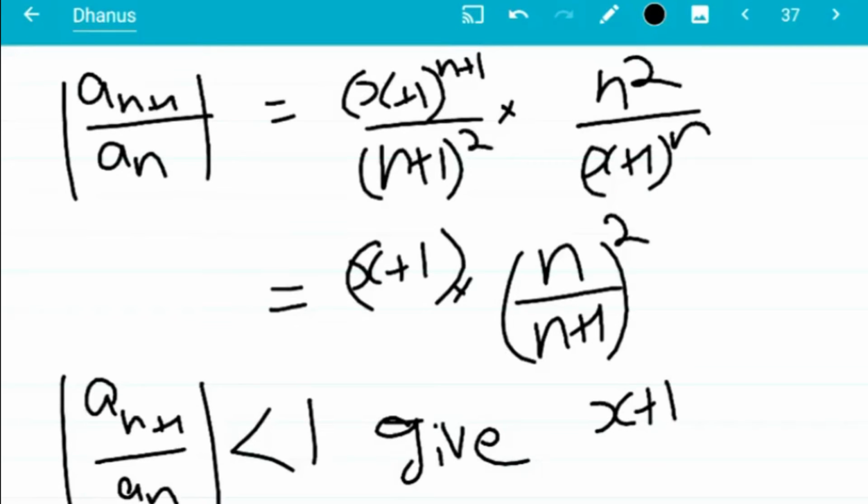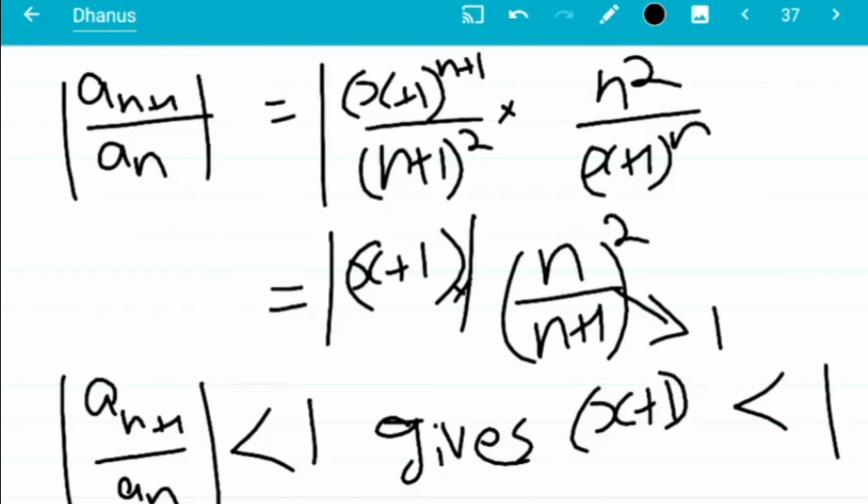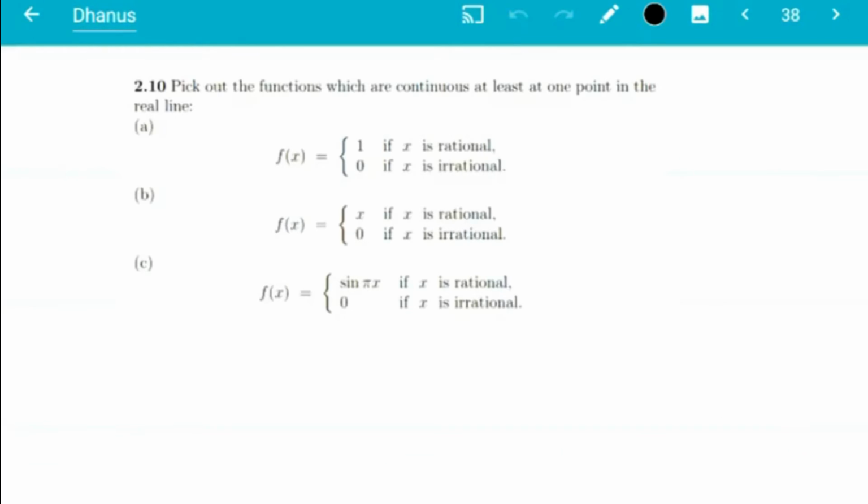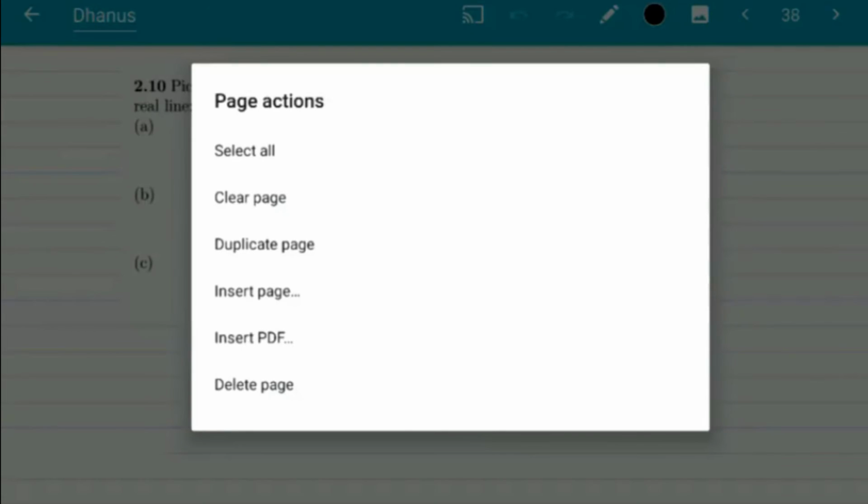I am considering this thing to be 1 because n by n plus 1 will be tending to 1 as n tends to infinity, and its square, just a finite number of products, will be again 1, which gives x plus 1 is less than 1. Sorry, here mod x plus 1. I had to take mod everywhere. Mod x plus 1 less than 1.